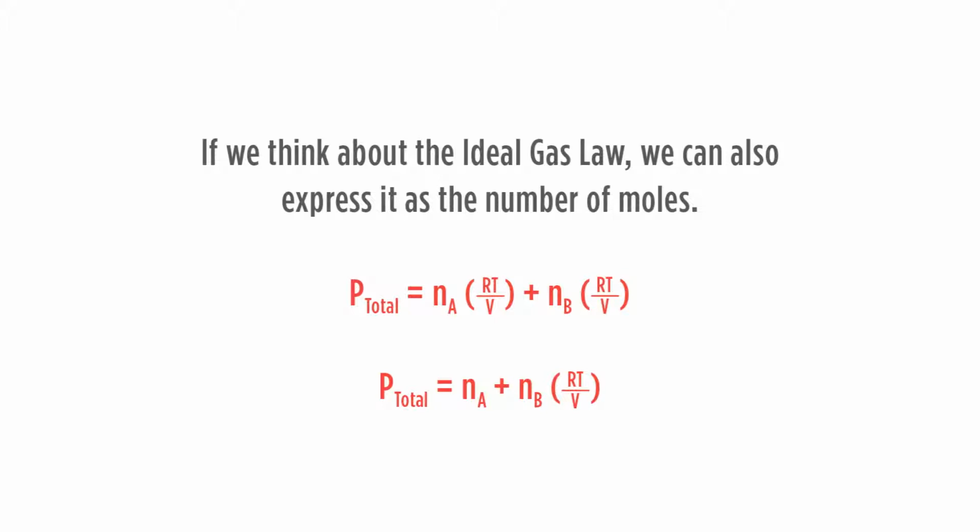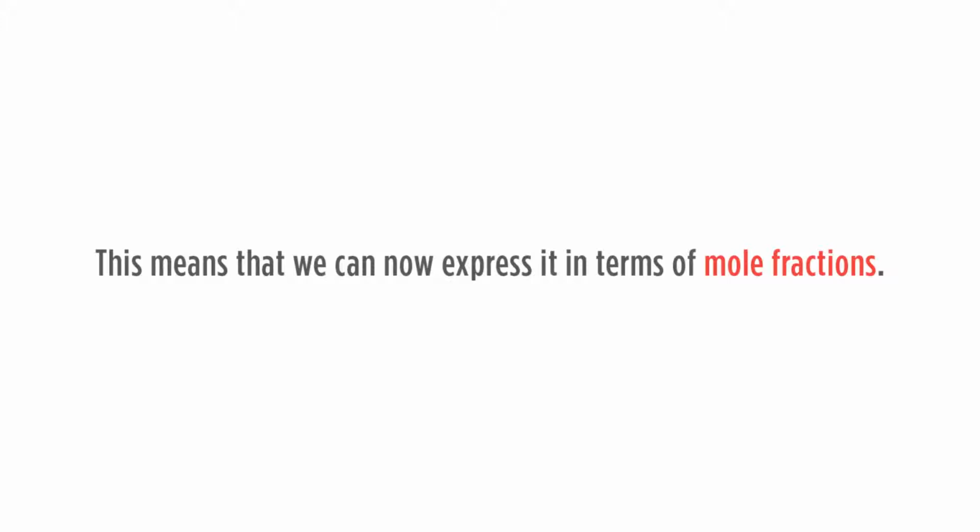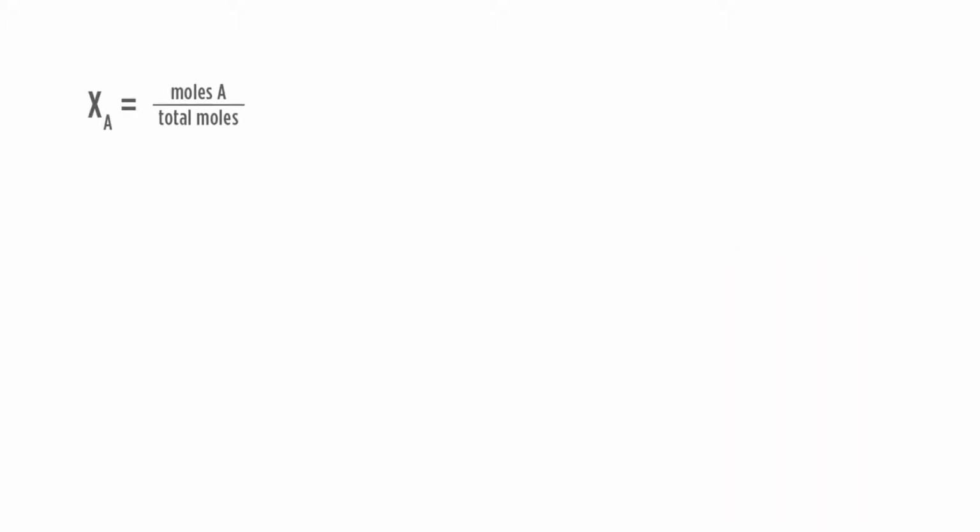As you can see here, we're expressing the total pressure by the sum of the number of moles of the gases. This means that we can now express it in terms of mole fraction. The mole fraction of A, given by X subscript A, is the number of moles of A over the total moles, or nA over nT.